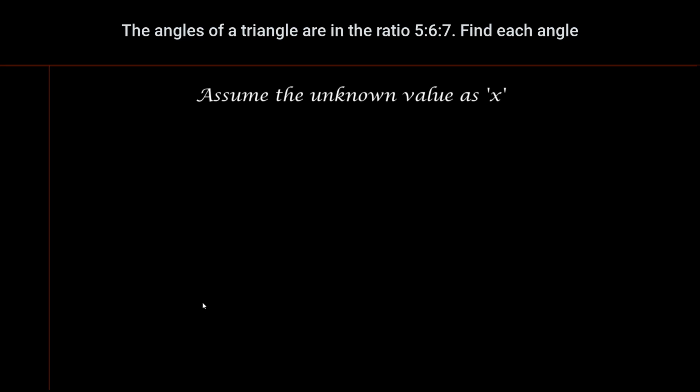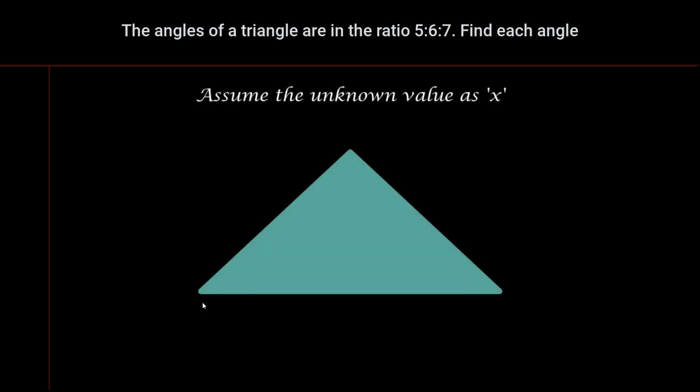So here in this particular sum, we need to find the angles of a triangle. So that's considered as an unknown value, right? So we assume that to be x. Now this unknown value has to be multiplied with the given ratio, and then we take the sum of ratios.